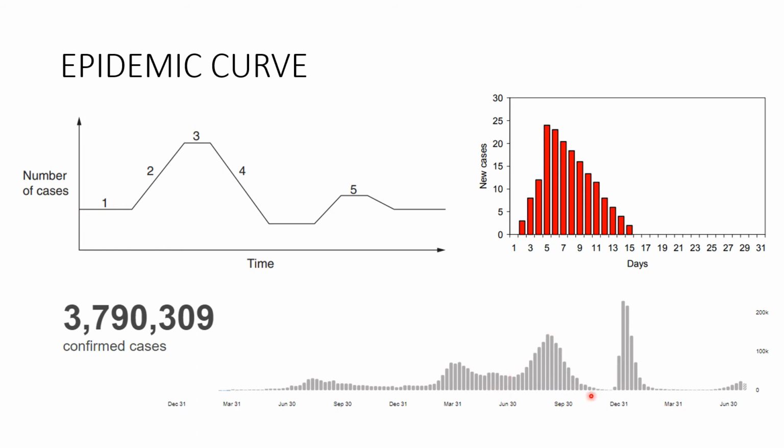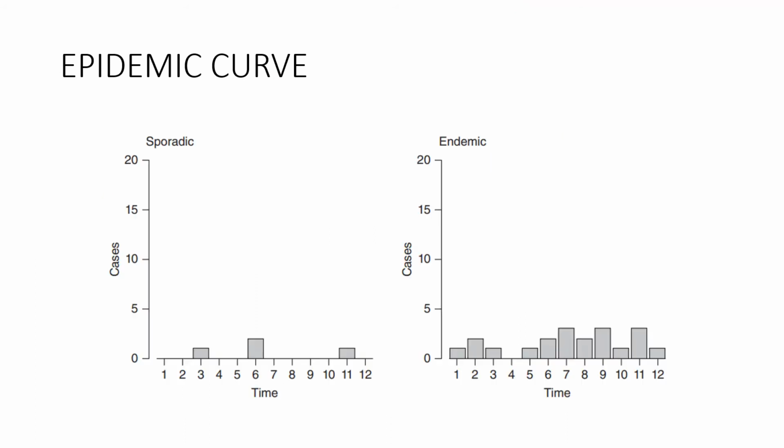Then perhaps the spikes are the times when the numbers are rising. So you can clearly see the progression of a disease, infectious or otherwise, using an epidemic curve. And analysis of the epidemic curves gives us insight to control certain diseases.